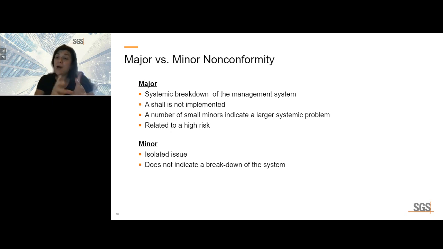A number of small minors that you're gathering throughout your internal audit or even within an external audit will also result in a major nonconformance. And in addition, it's any issue that's related to high risk. So these four areas, these 4 points can result in a major nonconformance.